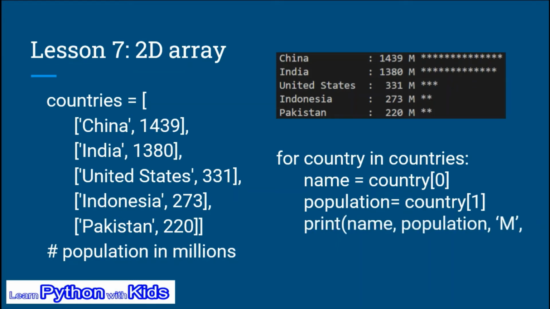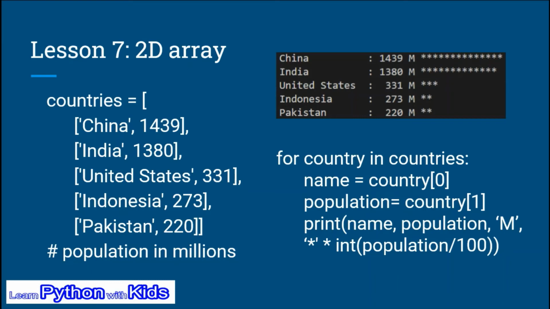Then we can print out the name and the population and add an M to indicate the population is in millions. And then we print out the stars by the population value. We don't want to print out 1400 stars, so we divide the population number by 100, then convert it to an integer value. So 1400 will give us 14 stars, 200 will give us 2 stars.